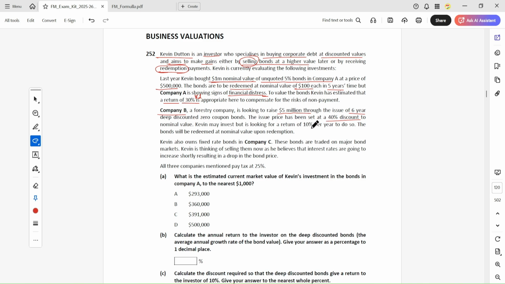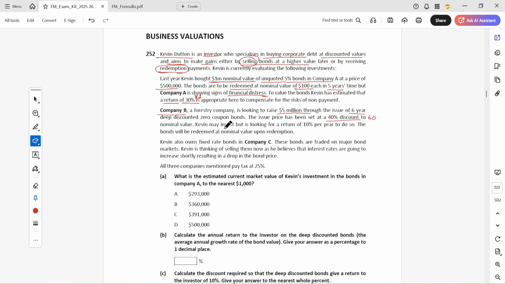So how much is the price after discount? If the nominal value is 100, then the issue price after the discount is 60.